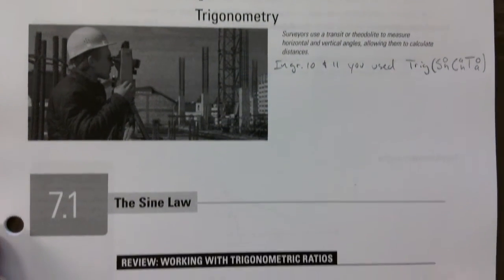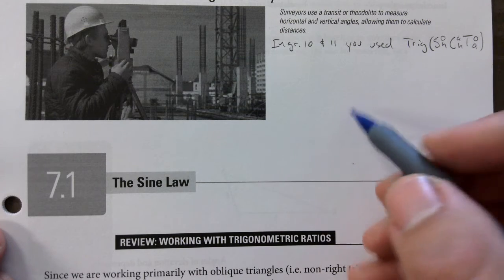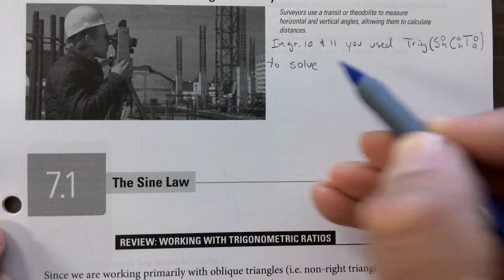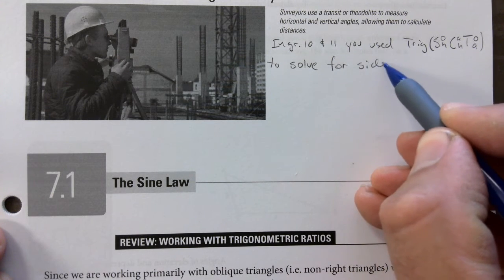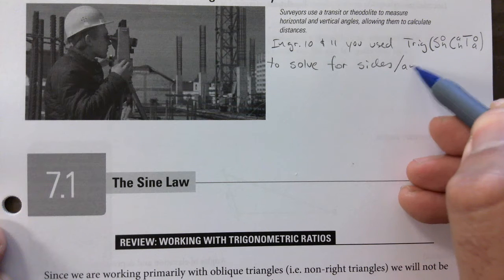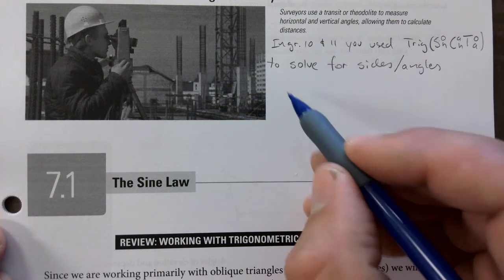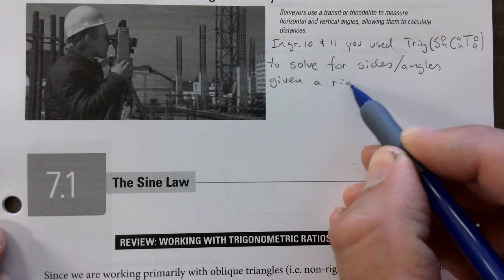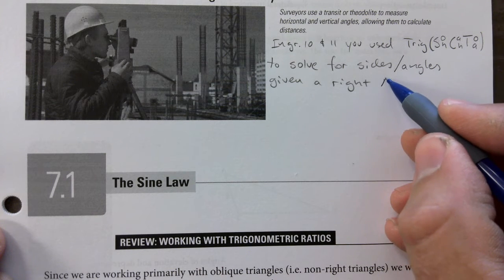So I'm reading it out so you can. So in grade 10 and 11, you use trig to solve for sides and angles, given a right triangle.